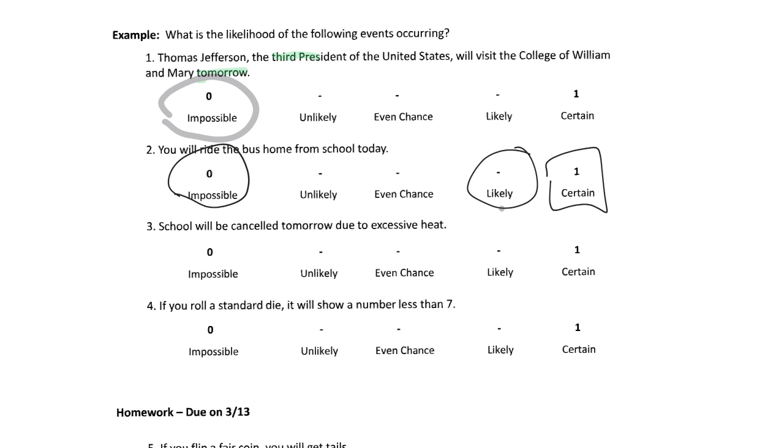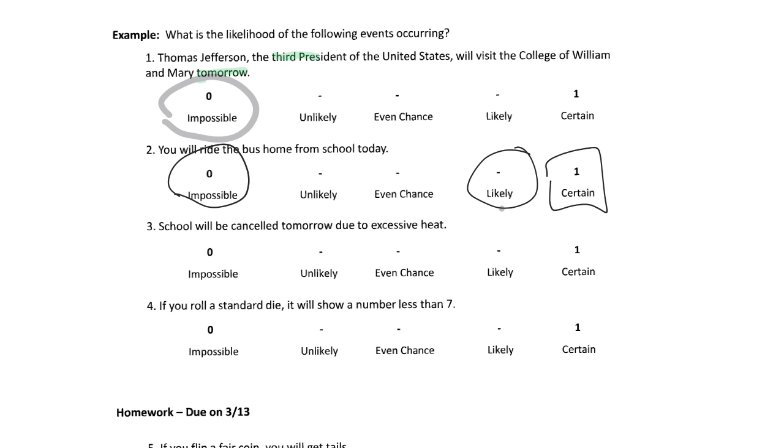Number 3 says the school will be canceled tomorrow due to excessive heat. So I know it's been warm lately, but think about what month are we in? We're in March. What are the chances of the school being closed for excessive heat?